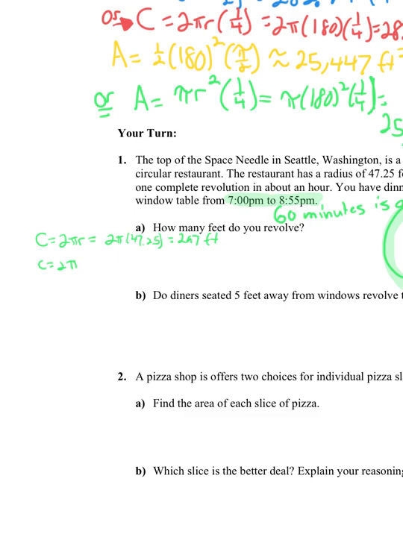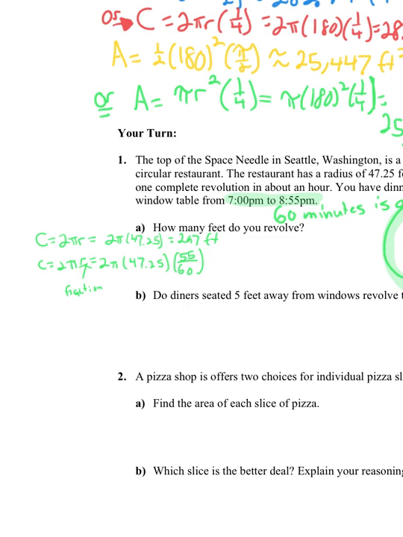And then the second time, I do 2 pi r, 2 pi times 47.25, but this time I need to do the fraction of the whole revolution. So I've been spinning for another 55 minutes out of 60 for a full revolution, so I'd say 55/60ths.